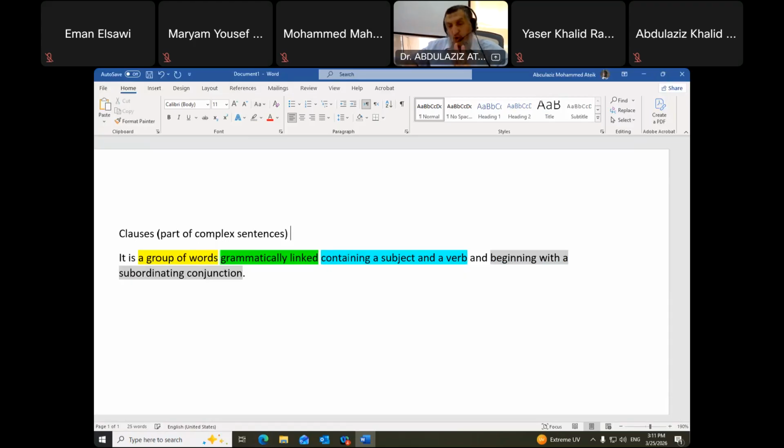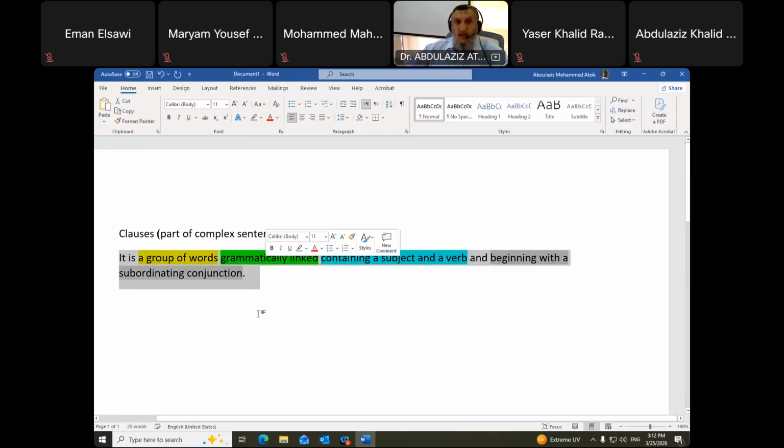So all the three clauses, noun clause, adjective clause, adverb clause, they are all part of what we call complex sentences. They are not from the compound sentences. They are not from the simple sentences. So they are from type 3. Sentence type 3. This is number one. This is in general.